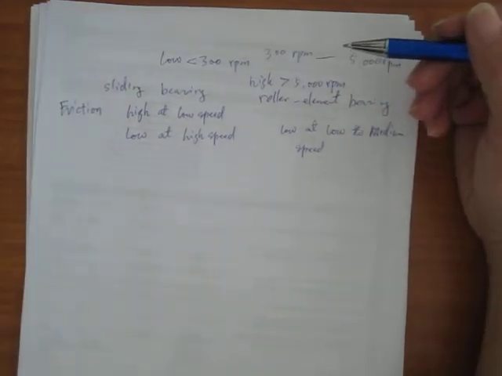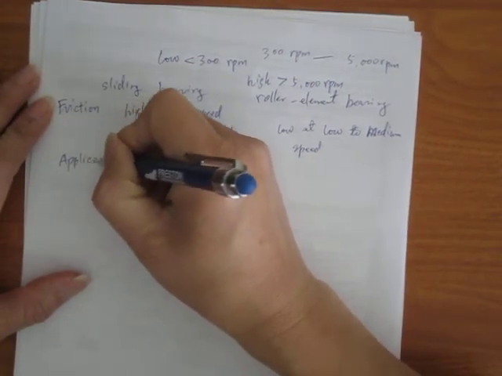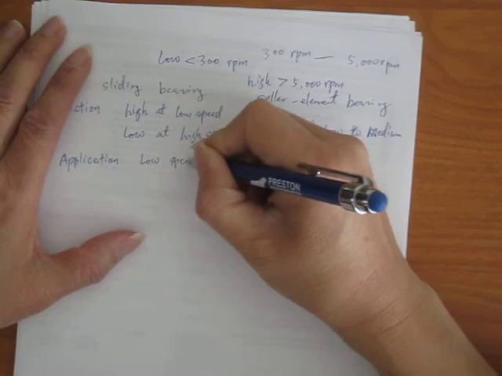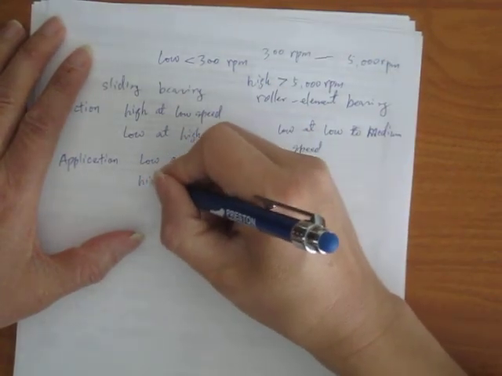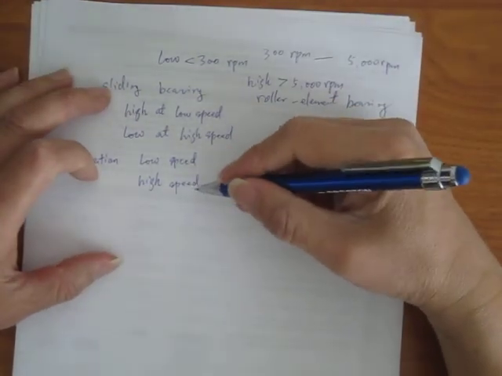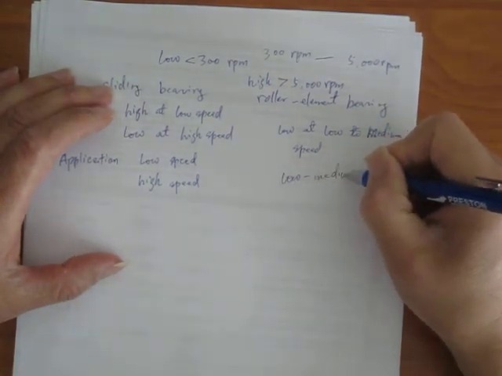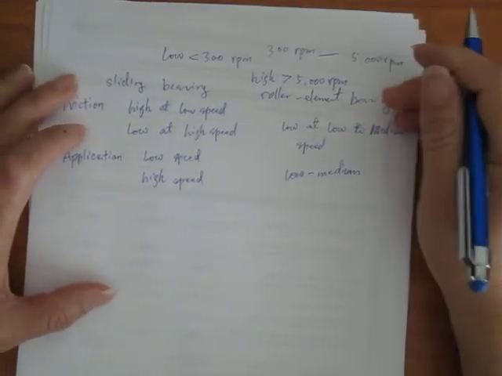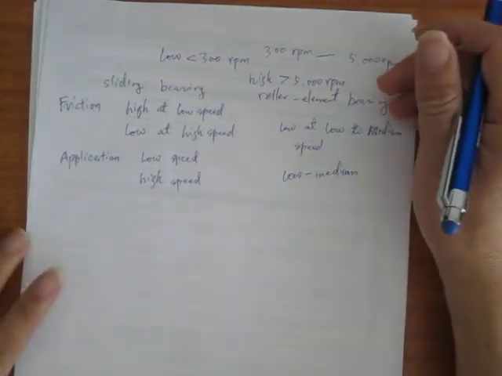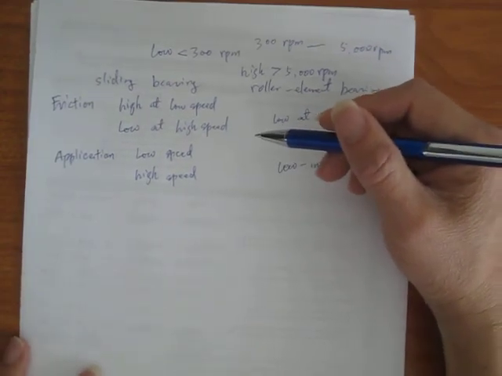Now, application. Because of the friction, the application of this one is low speed, like your lawnmower, and high speed, like airplane. Airplane sometimes can go as high as 100,000 RPM. And this one is low to medium. That's application: where you want to use a rolling element bearing, where you want to use a sliding bearing, depending on the RPM, the speed.